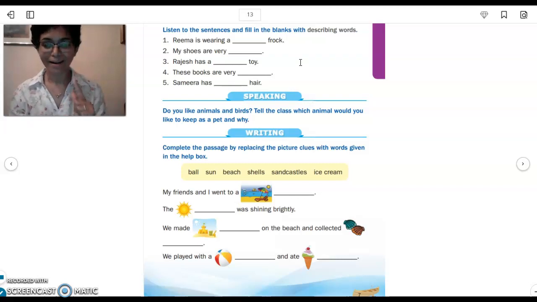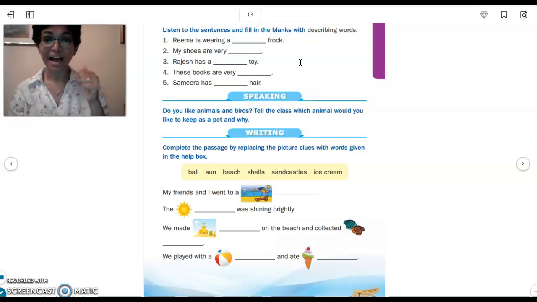So let's listen once again. Rima is wearing a pink frock. What frock is Rima wearing? Pink frock. My shoes are very dirty. I don't remember now the third one. Rajesh has a new toy.